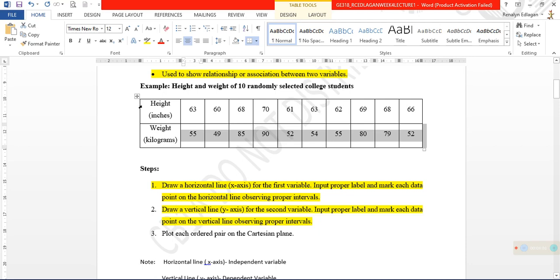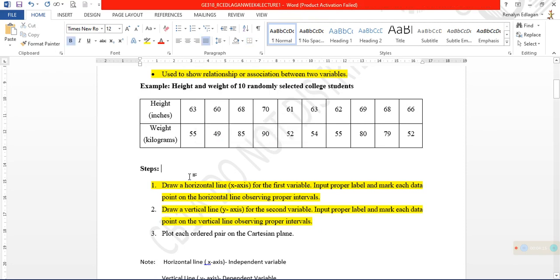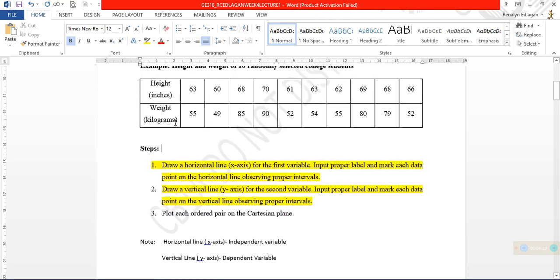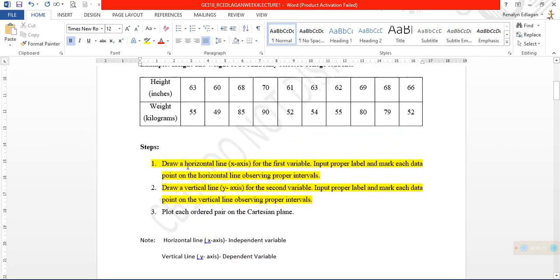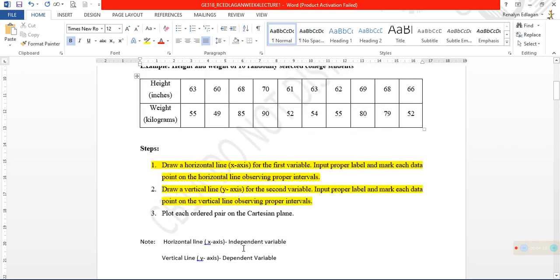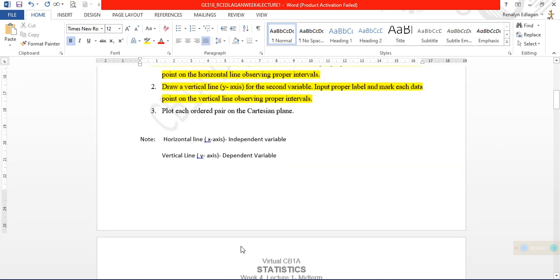Is the claim true that the weight depends on height? As individuals grow taller, do they also get heavier? So, is that claim true? So, the weight here is dependent on the height. So, our independent variable is the height and the dependent variable is the weight.